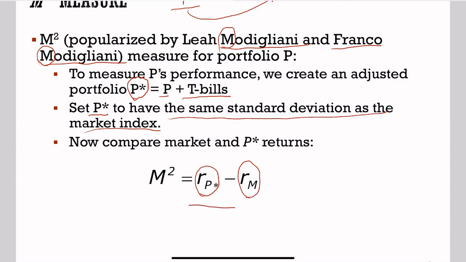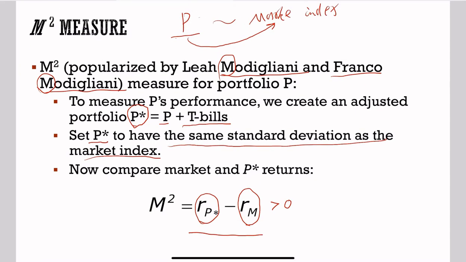So you can see that if this number is larger than 0, then I can say that my portfolio is outperforming the market. So the essence of this M2 measure is you're trying to adjust risk by forcing your portfolio to have the same volatility as the market index. Now, how do you force this? Well, you just mix your portfolio with some T-bills.